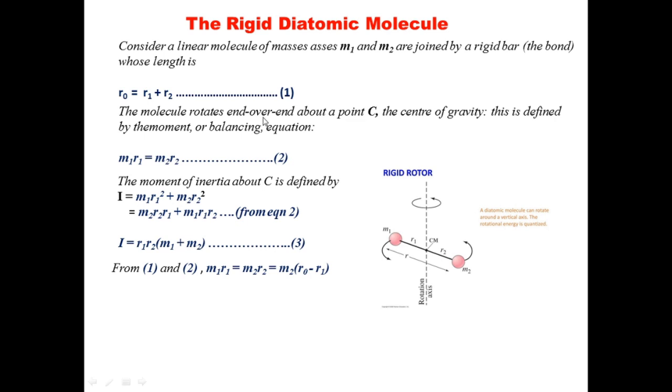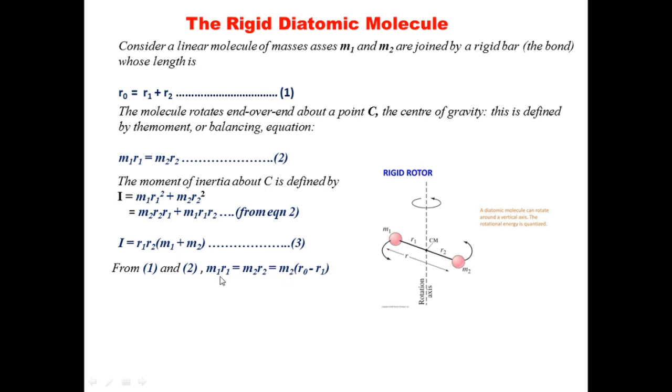From equations 1 and 2 we can write m1 r1 is equal to m2 r2, and instead of r2 we can substitute r0 minus r1. So the equation will become m1 r1 is equal to m2 into r0 minus r1.